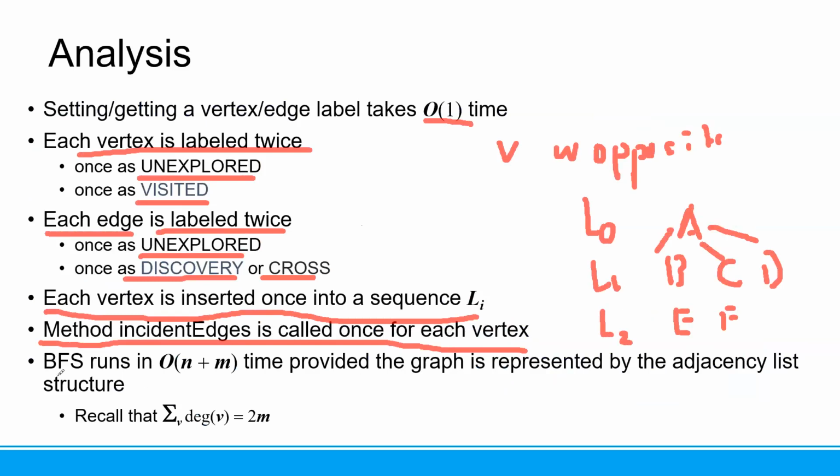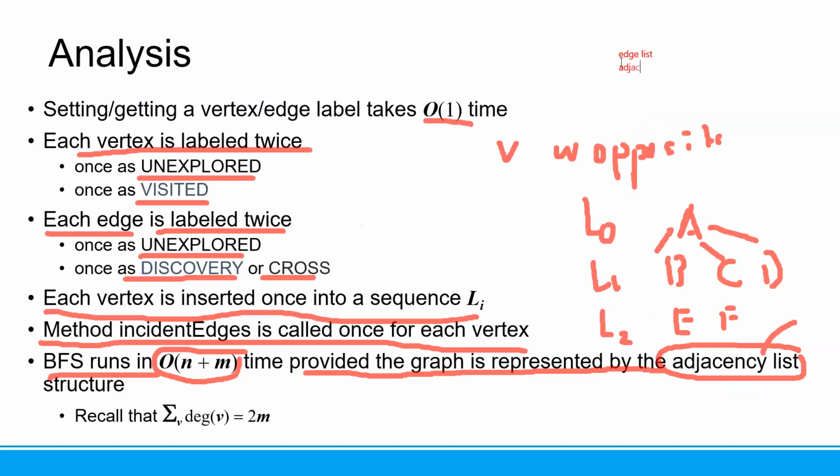And then the BFS runs in O(n + m), provided the graph is represented by an adjacency list. You still remember the adjacency list? In the graph we have three kinds of representations: edge list, adjacency list, and adjacency matrix.